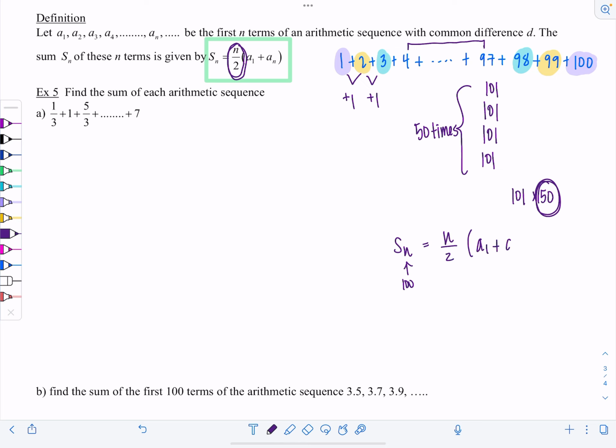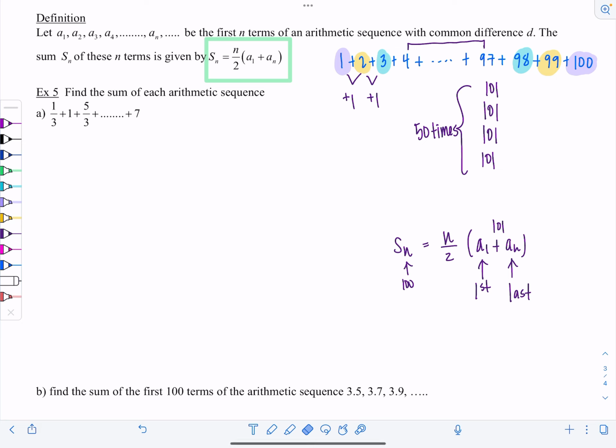And then A1 plus AN, that means the first term. That means the last term. That was the 101 that we had. And just remembering that story helps me make sense of the formula for summing up the terms of an arithmetic sequence. And hopefully it'll help you too. So that's why I told it to you. Okay, and you might hear different variations when you Google it, but something along those lines.